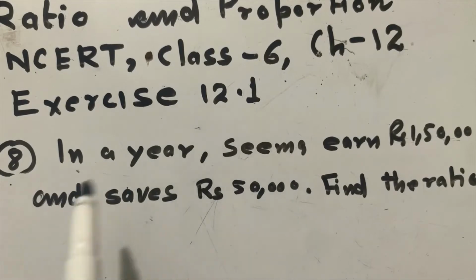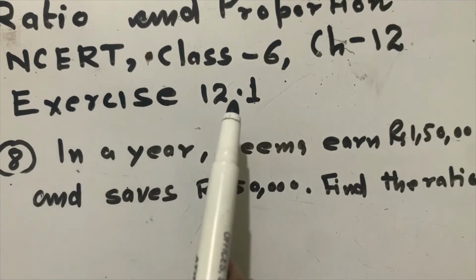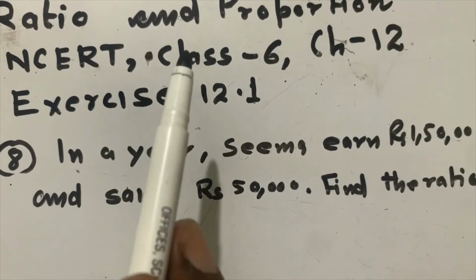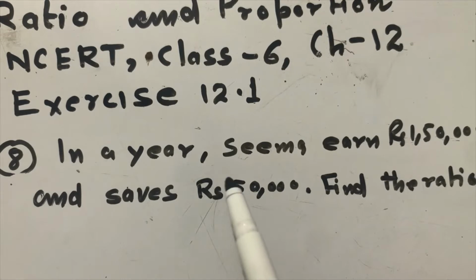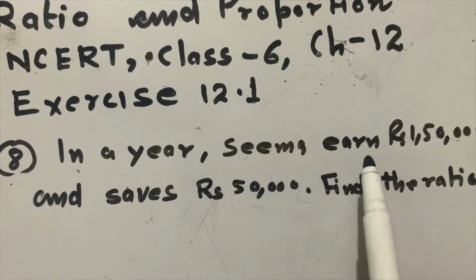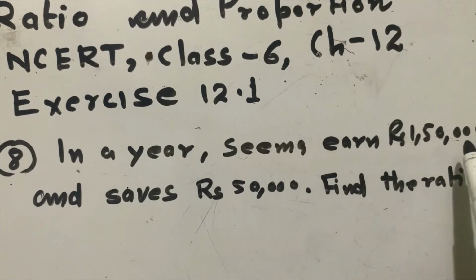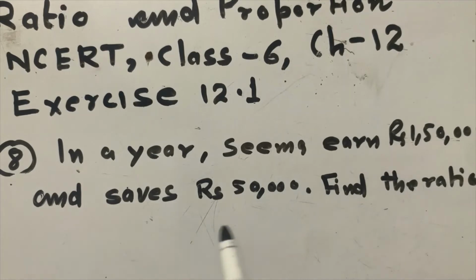Now question number 8, exercise 12.1, ratio and proportion, chapter class 6. Question number 8 is given. In a year, Seema earns rupees 1,50,000 and saves rupees 50,000.